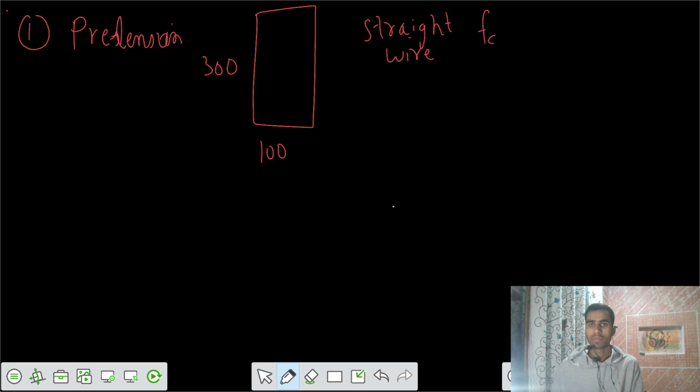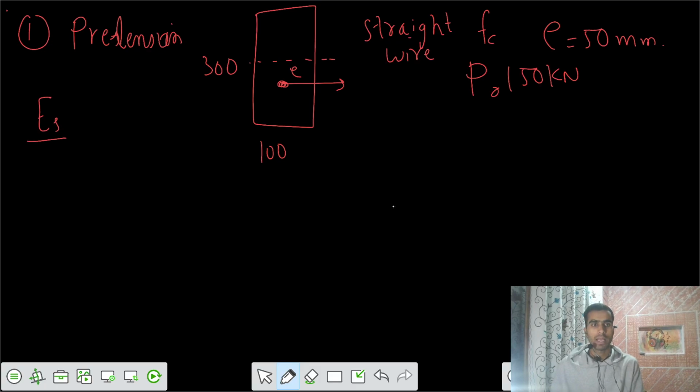Eccentricity equals 50 millimeters from the neutral axis, and the P force, the initial prestress force, is 150 kilonewton. Es by Ec equals 210 by 35 kilonewton per millimeter square, so we can get the modular ratio.